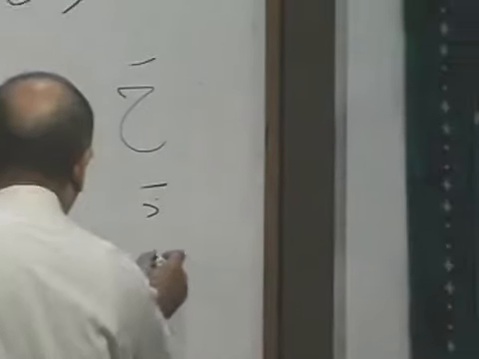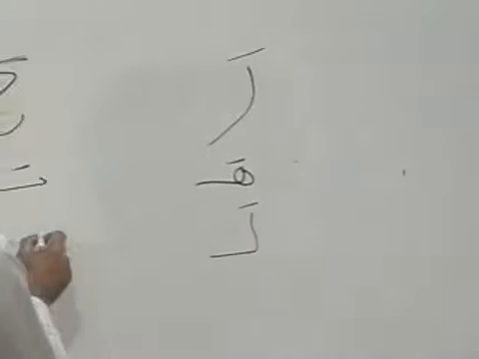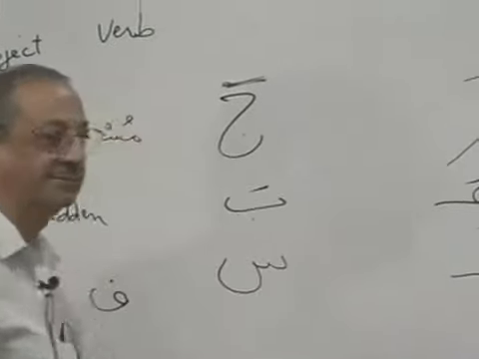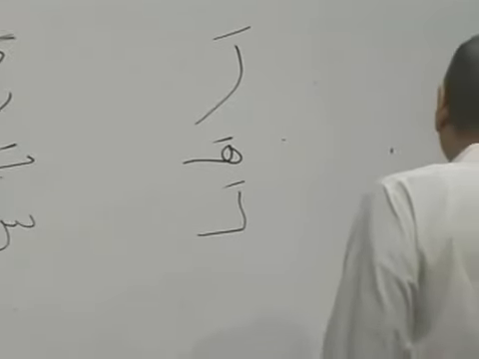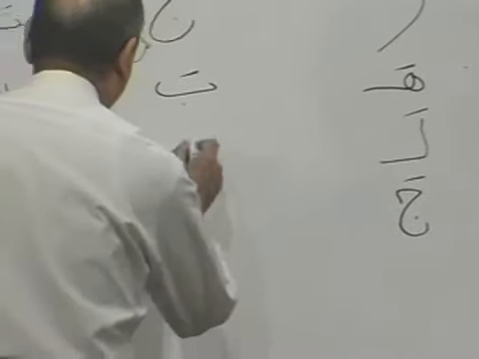Then I say ja, la, sa. Are you with me, brothers and sisters? What is it? Fatah, fatah, fatah. Then I write down one more word. Ra, ja, a. These are the four verbs in your book 1, that's all.